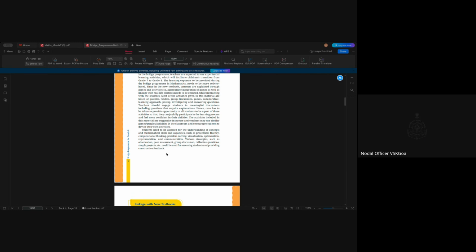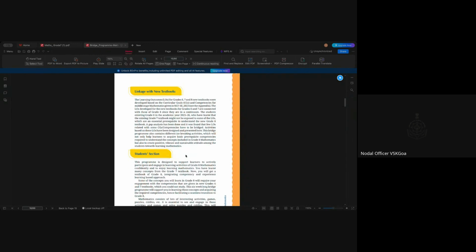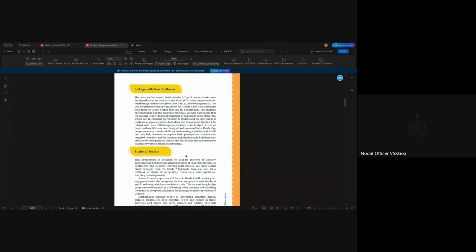So our pedagogy is supposed to be in this manner, and all this which I mentioned here is basically nothing but the constructivist approach. And with this constructivist approach, if we go ahead, surely we will be able to boost the confidence of our students.